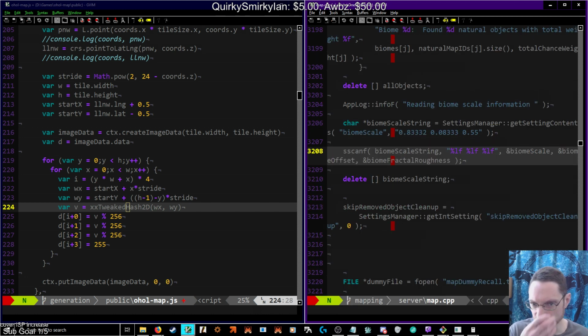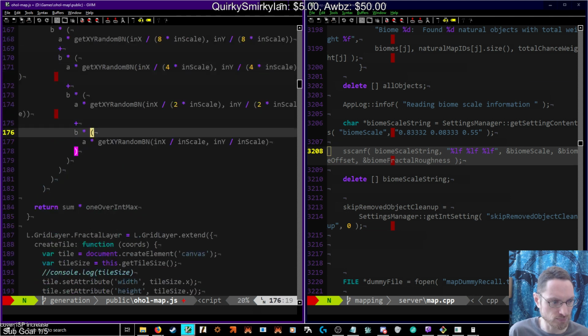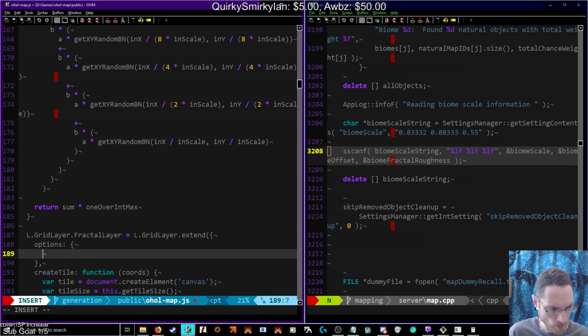So approximate starting values, which this should probably be layer configuration, really. All right, so biome scale. For the real, I'm going to look up seed values too. So the default biome scale value.